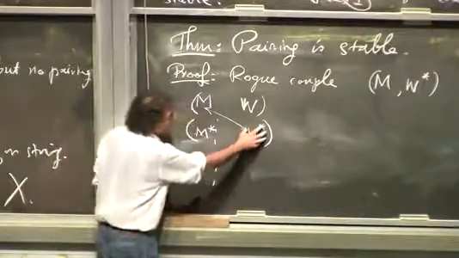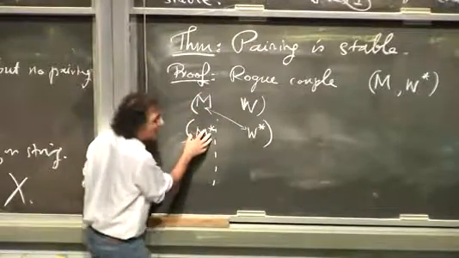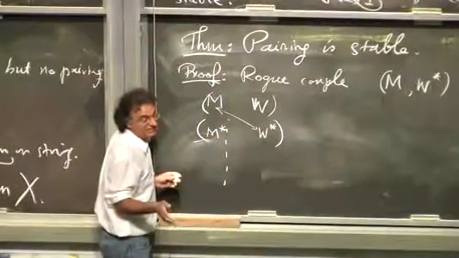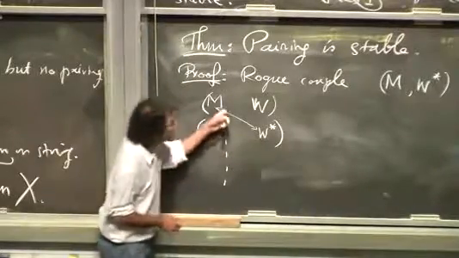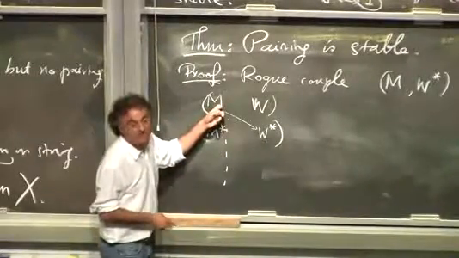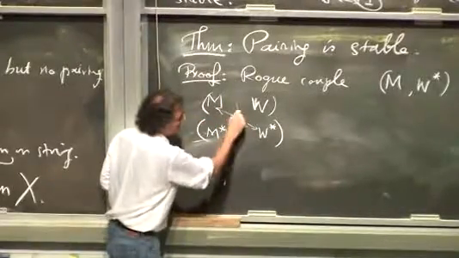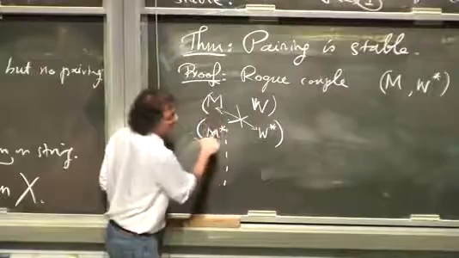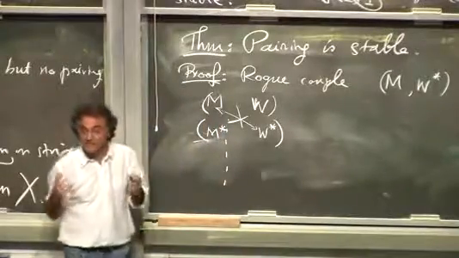So that day she preferred whoever she was with to M, and now she prefers M star even more to whoever she was with that day. Right? So there's no way she would want to switch M star for M. This can't be a rogue couple, right? She just doesn't want M over M star. Is this clear? Is it clear why it's stable?